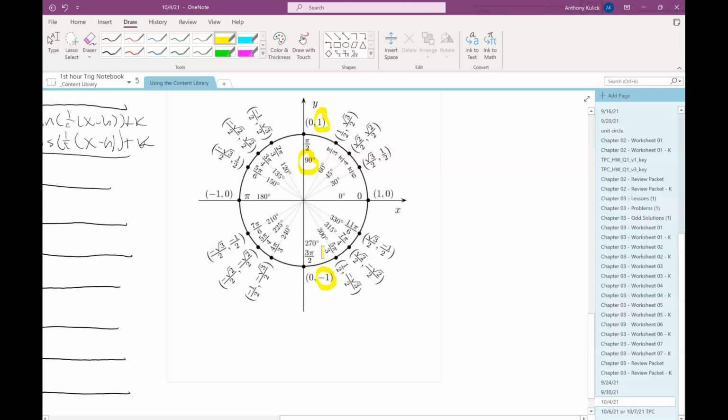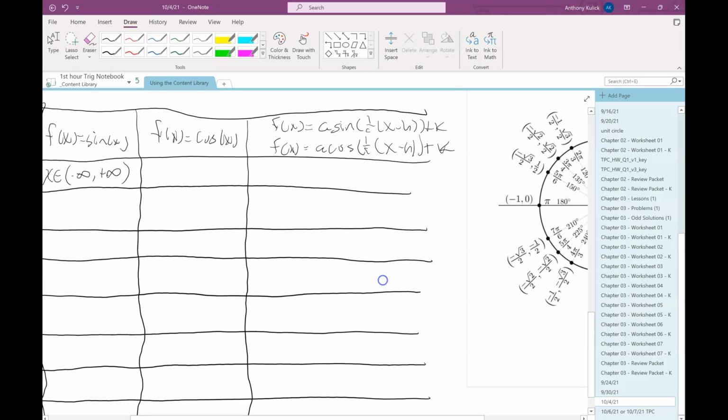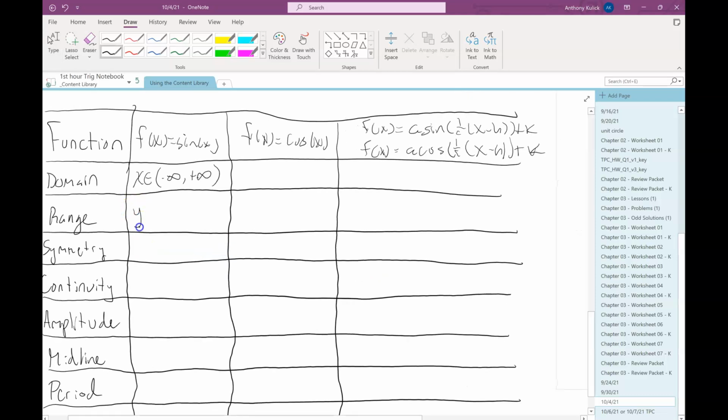Well, it's here at -1. Everybody agree? The biggest y-coordinate on the unit circle is +1. And every other y value in between is covered because there's a point on the unit circle corresponding to every other y-coordinate between -1 and +1. So the range for sine, the possible outputs, are going to be between -1 and +1.